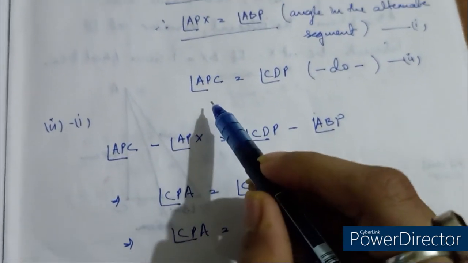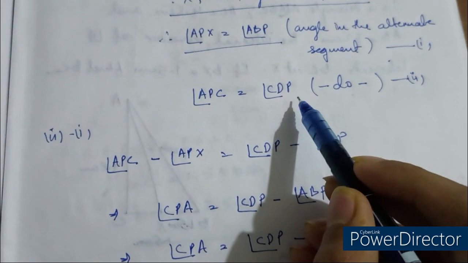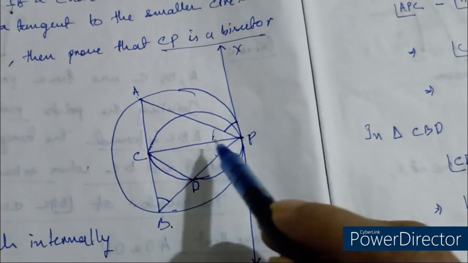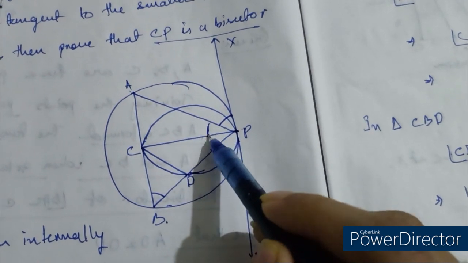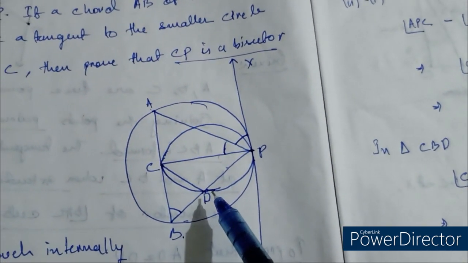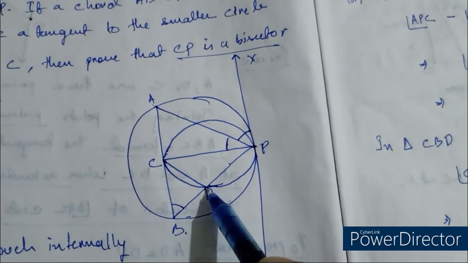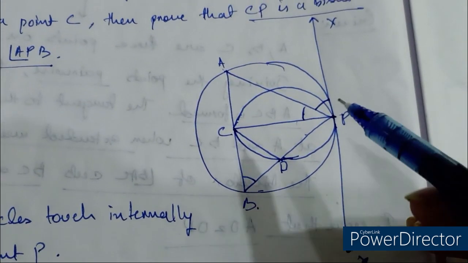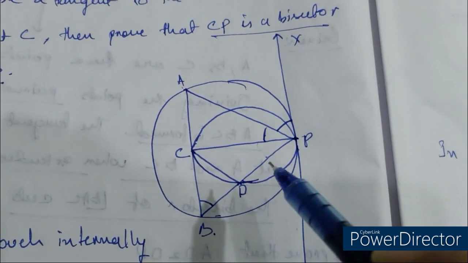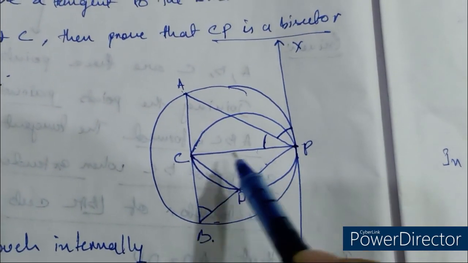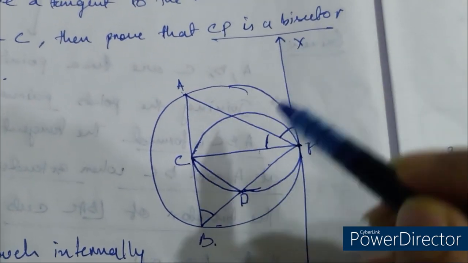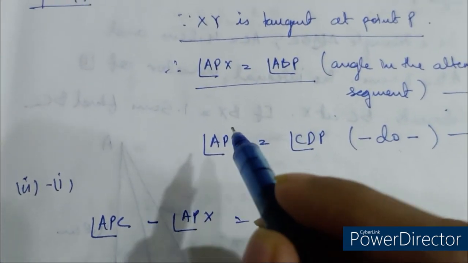Next, you see angle APC is equal to CDP. Okay, here is a small mistake. Actually it is not APC, this will be CPX.